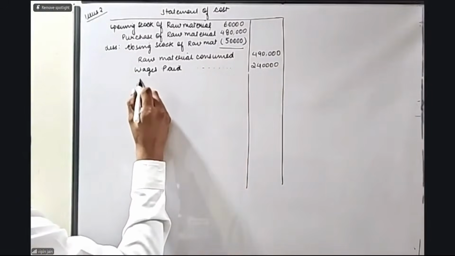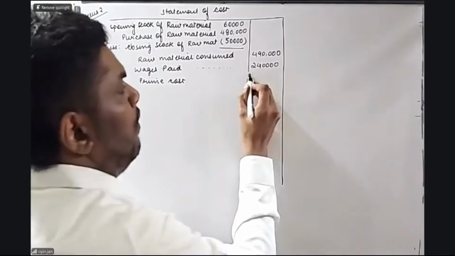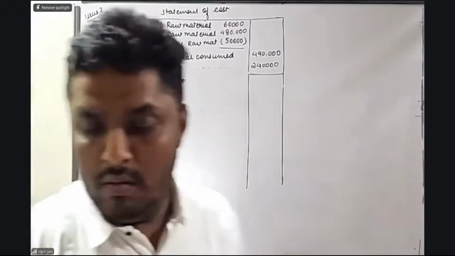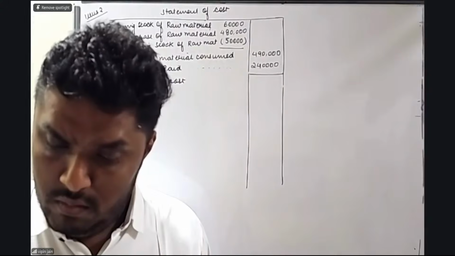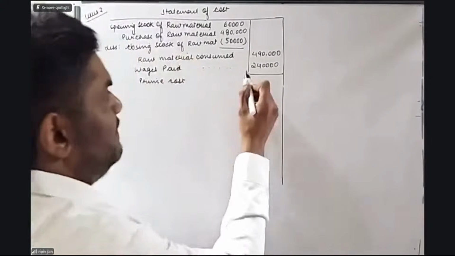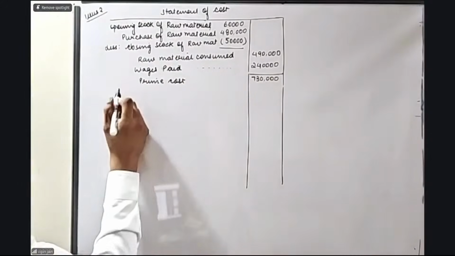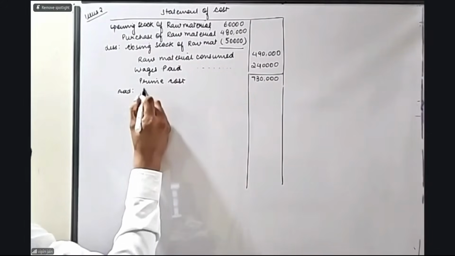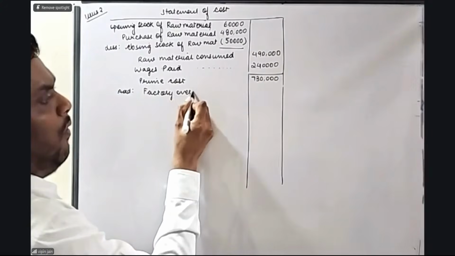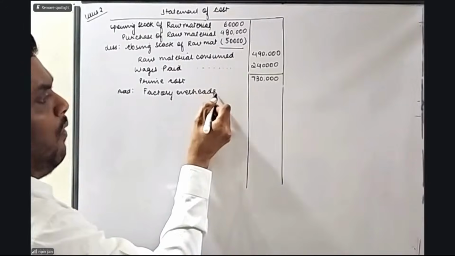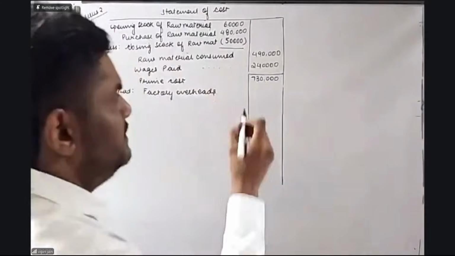We will get 7,30,000. In this, we will add all the factory overheads, that is 1 lakh rupees.